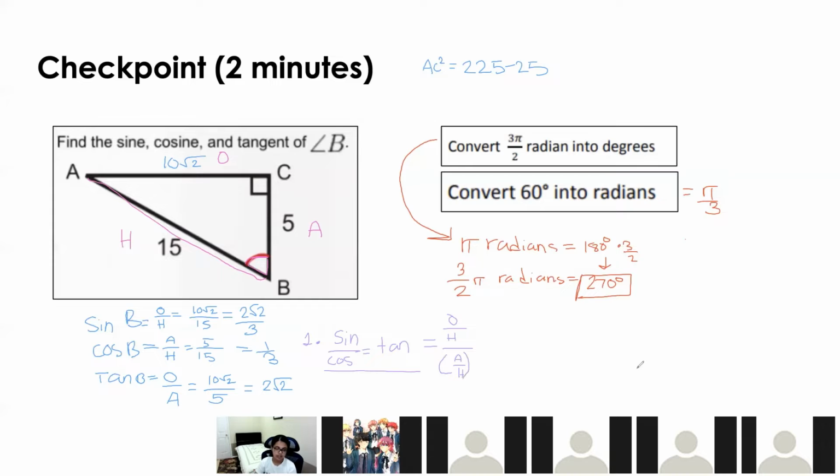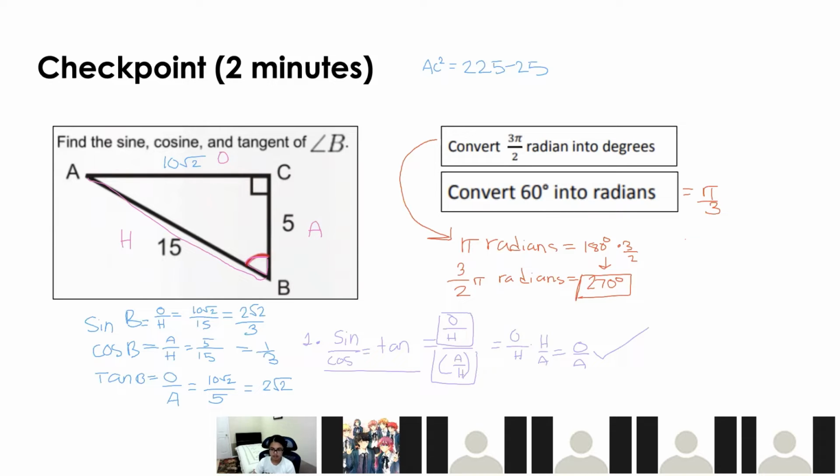This is the value of sine, and this is the value of cosine. So sine over cosine is O over H times H over A, which equals O over A, our value of tan. So this is true. That's the first thing.